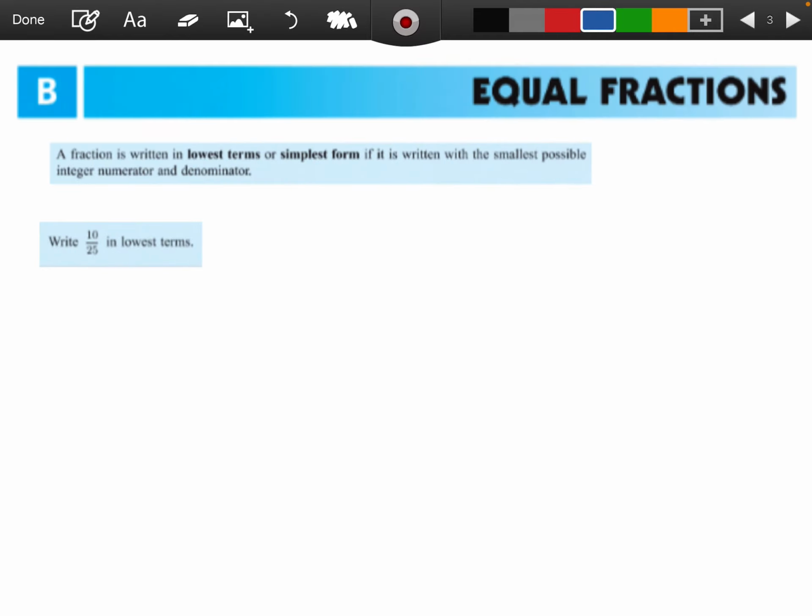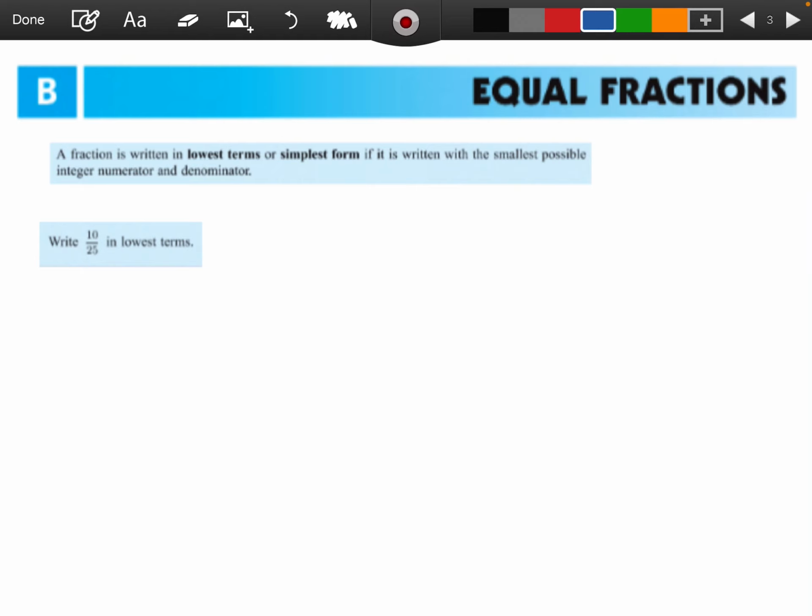Okay, now we're going to talk about equal fractions. So you can write fractions in different ways with different denominators and have them be equal, provided that the numerator changes in the same way that the denominator changes. And one of the biggest practical applications of that is this idea of writing fractions in lowest terms. Whenever you write a fraction, from now pretty much till the end of your math career, you're always going to want to leave it in lowest terms.